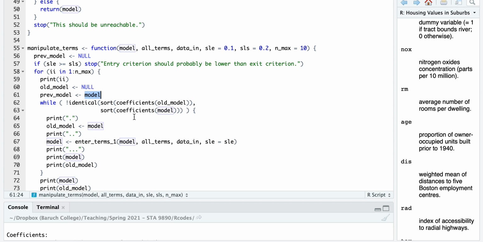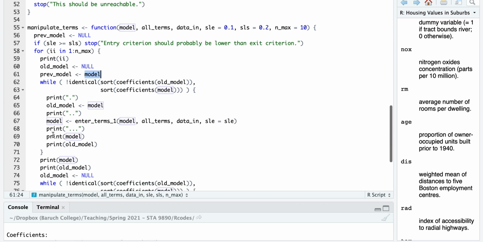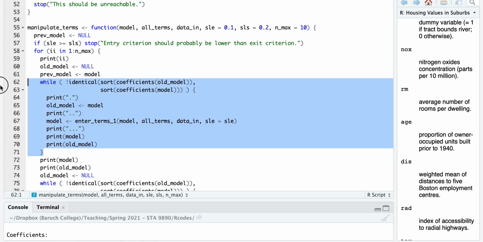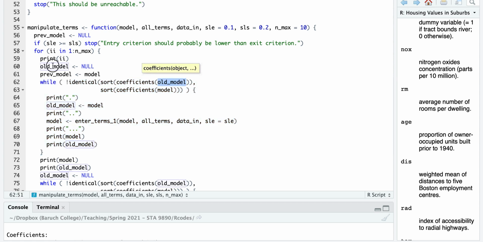Here we have a while loop. When we enter it, what happens? We take the old model, which is null, get the coefficients, sort them, and see whether this is equal to the coefficients of the model we have.